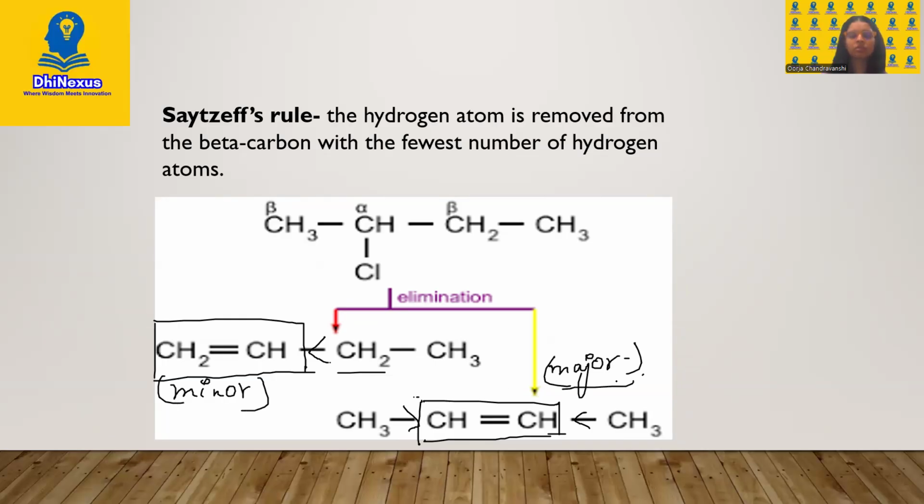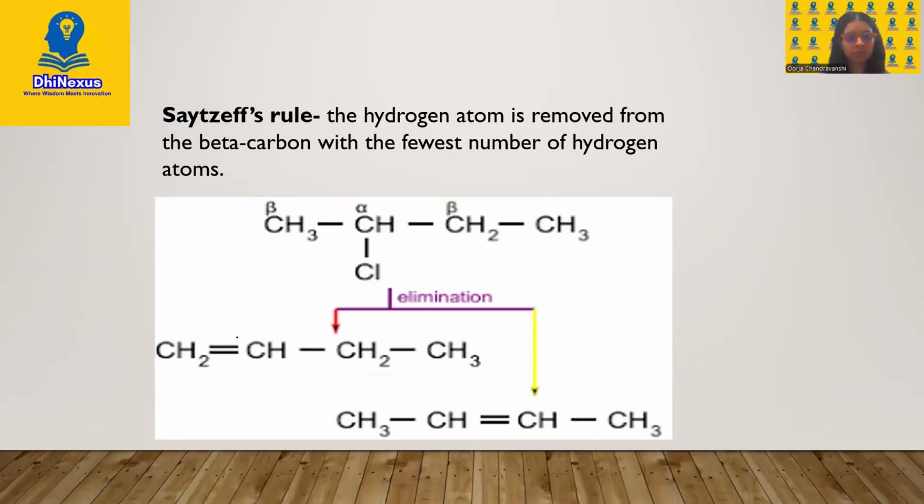There is another rule which is opposite to Saytzeff's rule, that is called Hofmann's rule. In case of Hofmann's rule, what we see is that the major product is the one which is the least substituted alkene, the least alkyl substituted alkene.